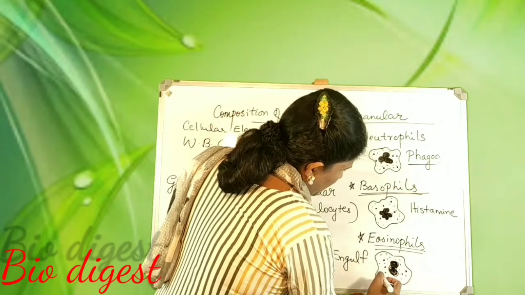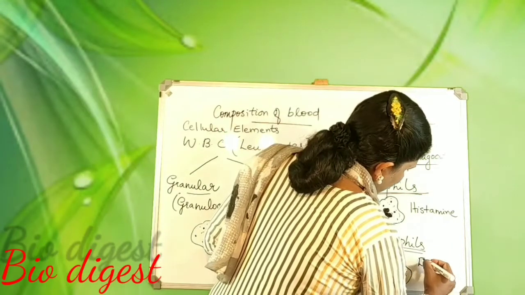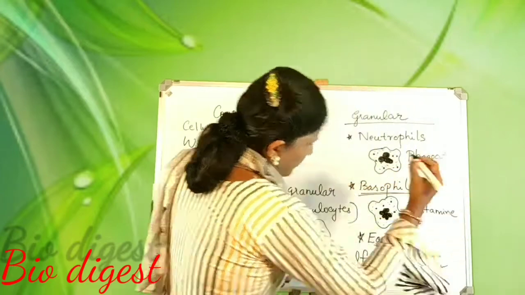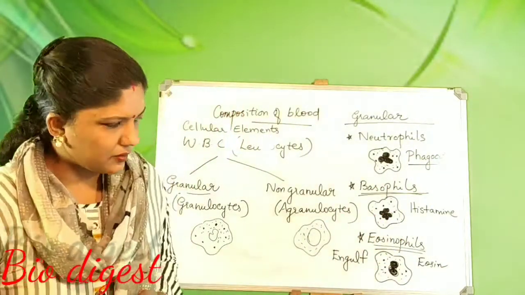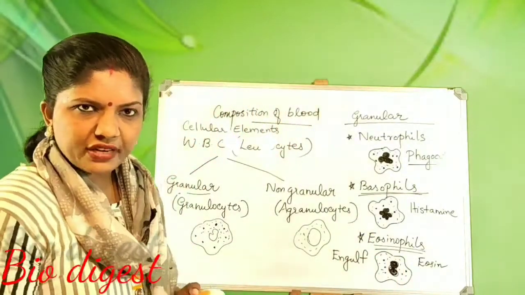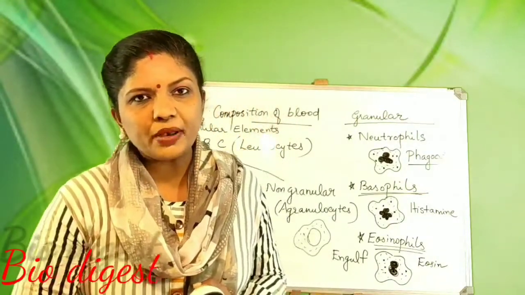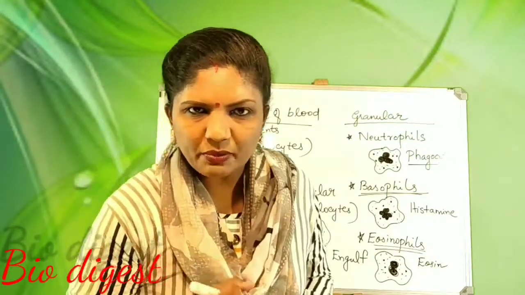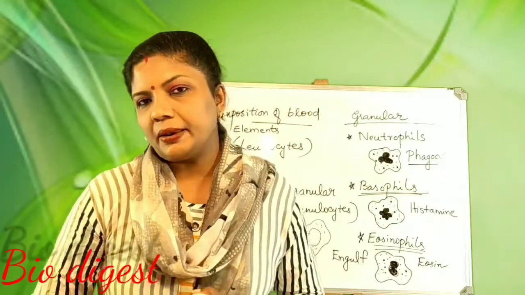Then these granules will be taking up acidic stain, especially eosin stain. So these are eosinophils. Okay, so that is about eosinophil. Eosinophils, two-lobed structures. Granules are present in the cytoplasm. The granules will be taking up acidic stain, that is especially eosin stain.